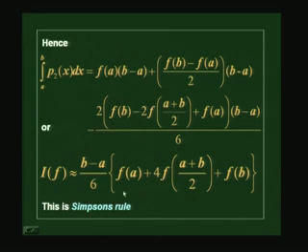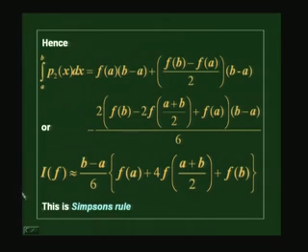So again, I can write down the integral of the function in the interval a to b as a sum of 3 terms, each containing the function evaluated at a particular point, that is a, (a plus b) by 2, and b. So f of a plus f of b plus 4 times f of (a plus b) by 2, into (b minus a) by 6. So that's the Simpson's rule.